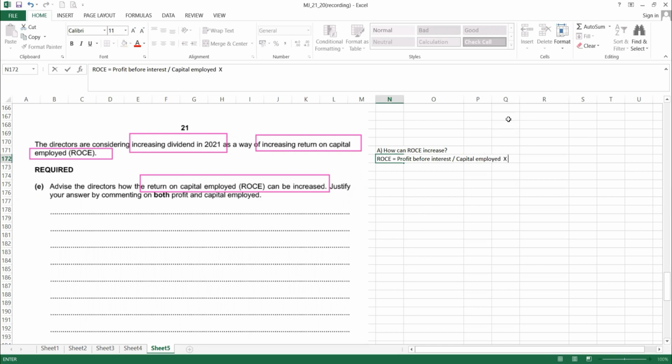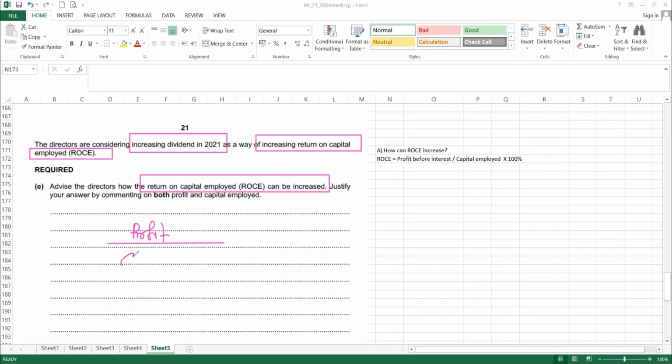Okay, and then times 100%. So if we're using the mathematical concept to do the calculation, this is the profit, and this is the capital employed.